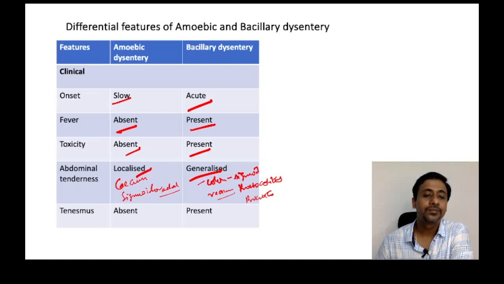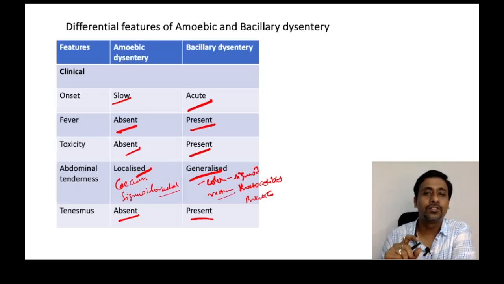Okay. Now another presentation, tenesmus. Tenesmus is absent in amoebic dysentery, whereas it is present in bacillary dysentery. So why is it present in bacillary dysentery? If you remember in the pathogenesis, I told you the ulcer is longitudinal and transverse and superficial.